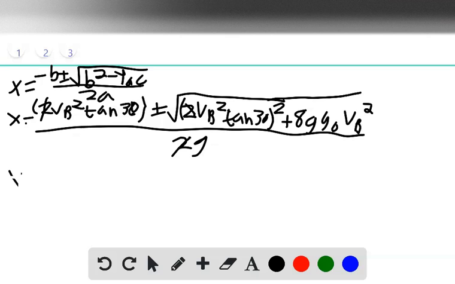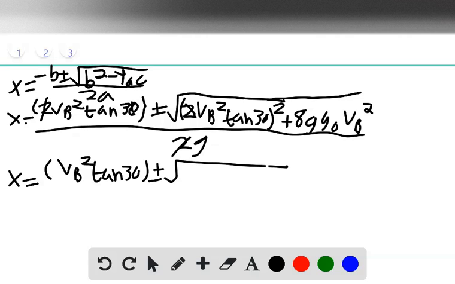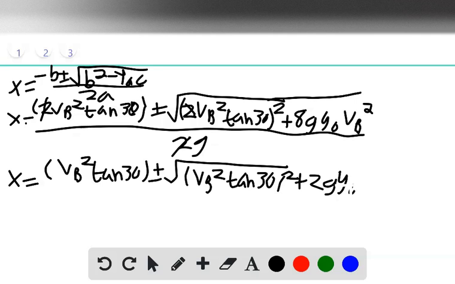I'll write out the final though. x equals vB squared tan 30 plus or minus the square root of vB squared tan 30, squared, plus 2g y naught vB squared, over g.